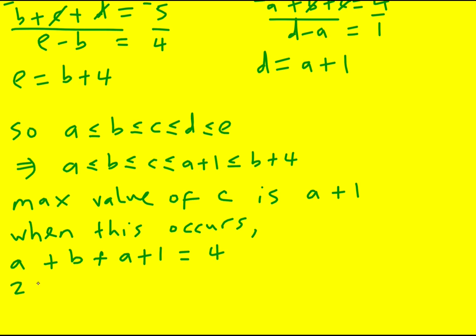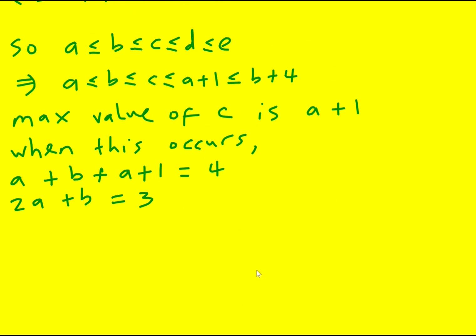I'm going a bit slow here, I'm just making sure I get it all right. So then 2A plus B is equal to 3. And now, to maximize, we also want to maximize A.